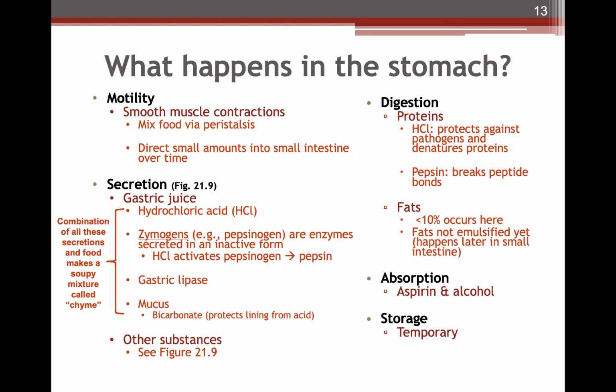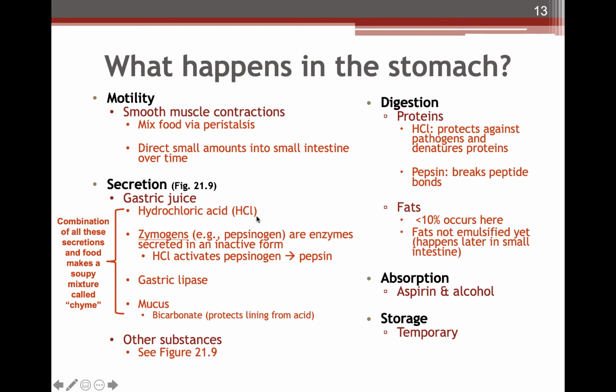And then as the food is mixed with the digestive or gastric juices that I'm going to talk about here in a second, small amounts of that will then be allocated to the small intestine over the next 30 minutes, 60 minutes, 90 minutes, depending on how much you're eating. There's a lot of secretions that happen here into the digestive tract at the stomach. It's collectively called gastric juice, and it contains hydrochloric acid.